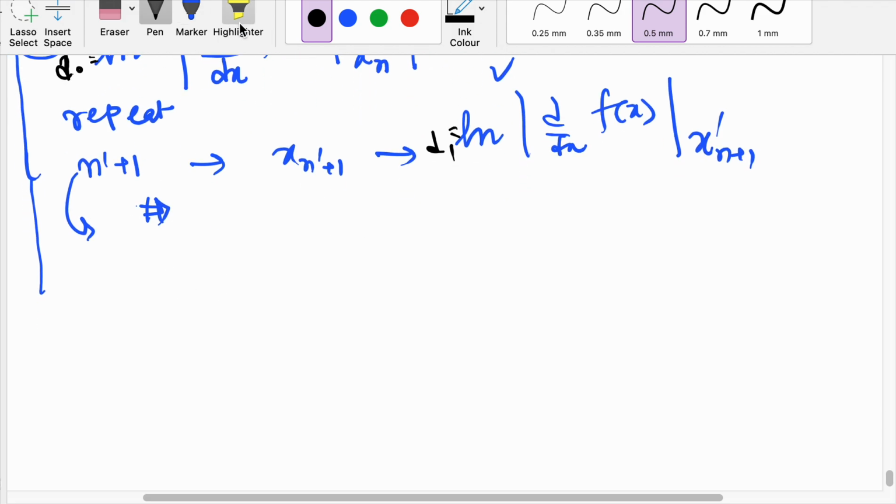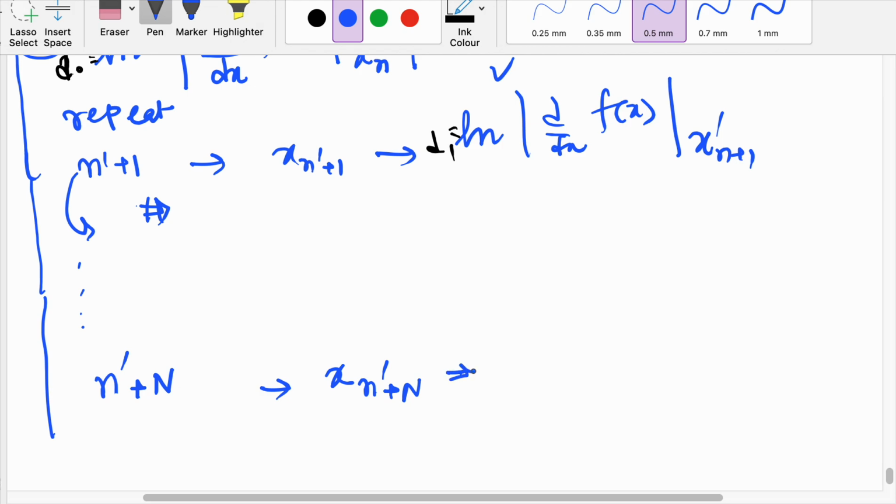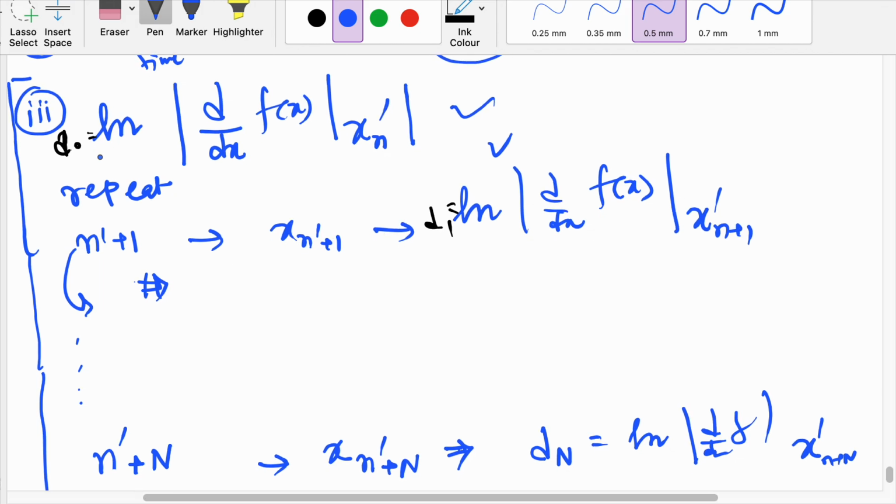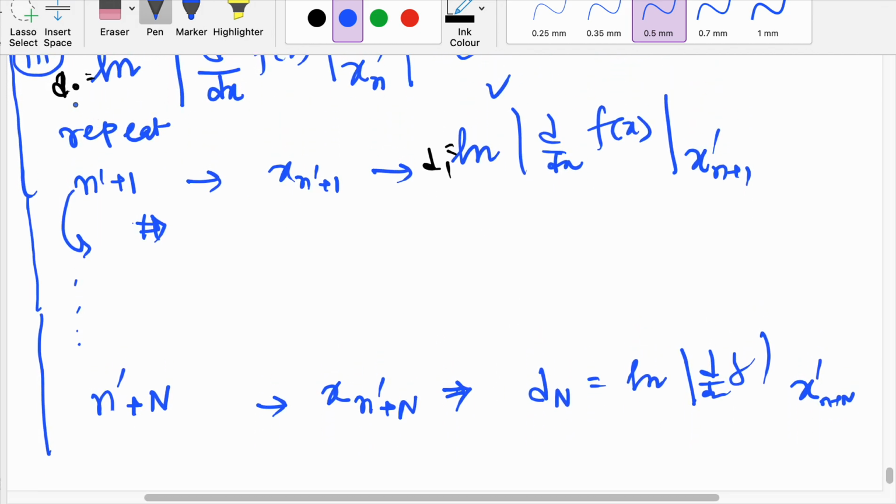Or you can repeat this step a large number of times, n prime plus n, and from there you will get capital N, that is ln of the absolute value of f prime of x at n prime plus n. Now you see these points, you get d0, d1, up to dn, and n should be very large.